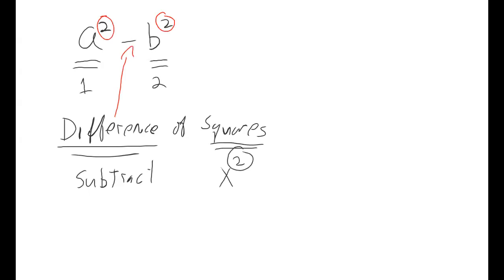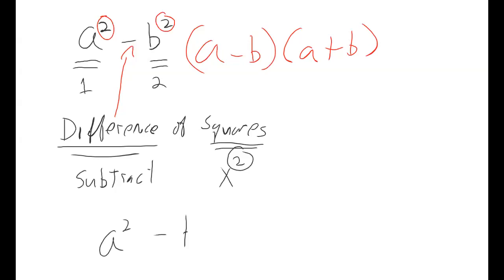And the formula just says that this equals (a minus b)(a plus b). So it's a formula. But the unique thing about this formula is that there is a pattern. If I take a squared and b squared and take the square root of both, and the reason I'm doing a square root is because of the word squares, what is the square root of a squared?